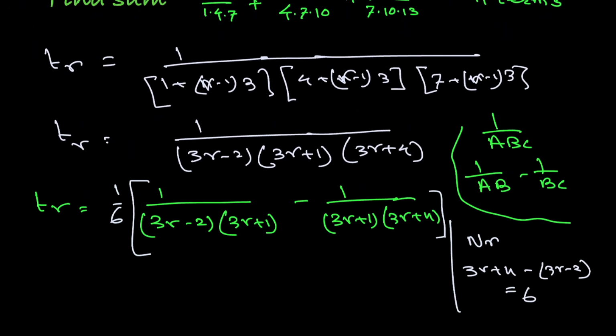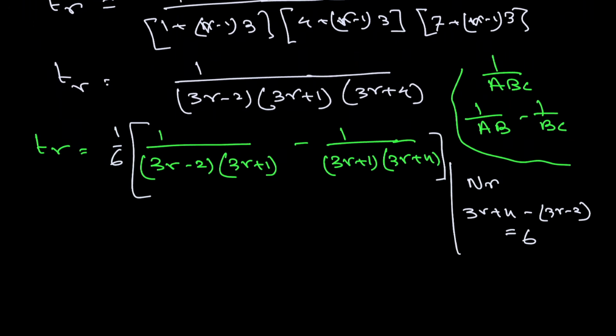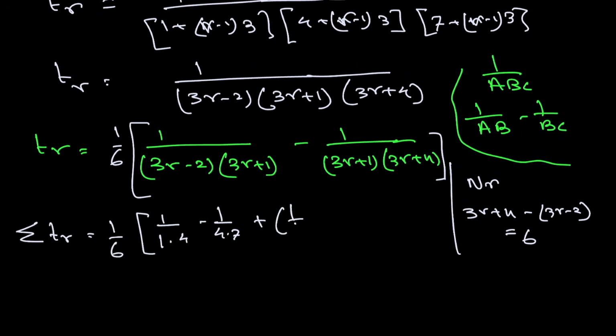Now this method is called the VN method. Directly we can put VN minus V naught. Otherwise, I am showing you how it is going on. So if we put the summation of TR, that is Sn, we are getting, if we put R equal to 1, 1 by 1 into 4 minus 1 by 4 into 7 plus 1 by 4 into 7 minus 1 by 7 into 10 plus continuation.